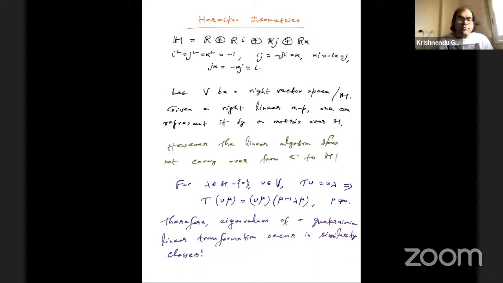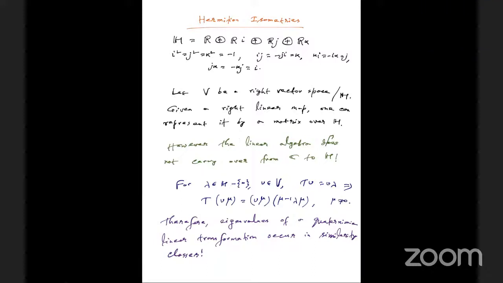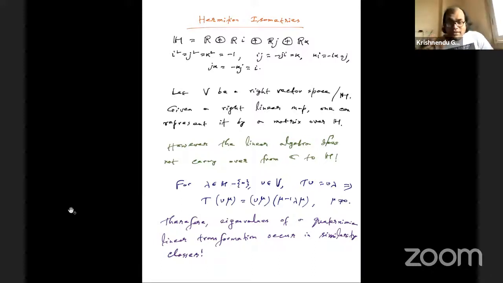When we are over complex numbers, these commute and mu inverse mu cancels, so corresponding to an eigenvalue, we get a whole one-dimensional subspace spanned by an eigenvector. But here, corresponding to a one-dimensional subspace spanned by an eigenvector, we don't have one single eigenvalue, but a similarity class of eigenvalues. So the eigenvalues of a quaternionic linear transformation occur in similarity classes. That increases the complexity of the linear algebra over quaternions.